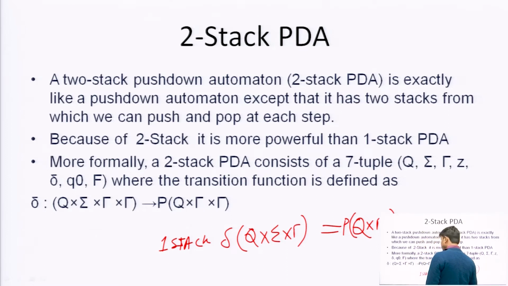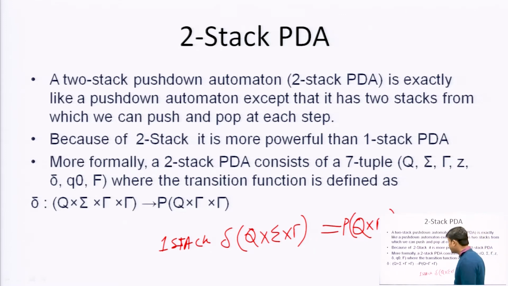You know that P means this is a power set, which is for non-deterministic, where many states can be there. So in one stack we take Q, input alphabet, tau, with only a single stack.